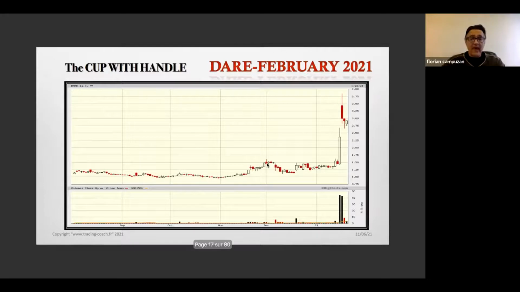And again, it starts with a first movement, and the stock falls, but decreases in an orderly manner.